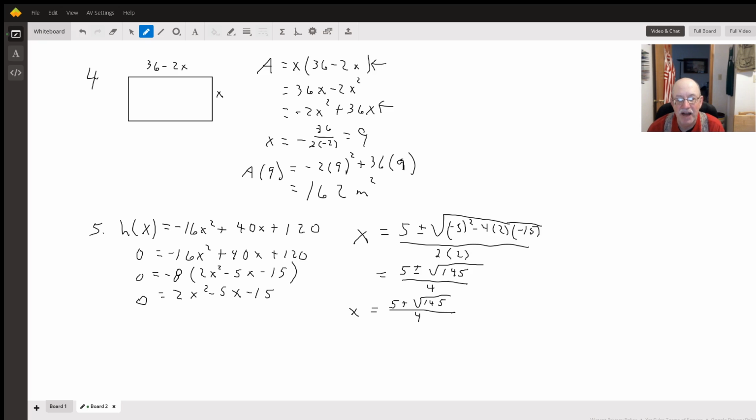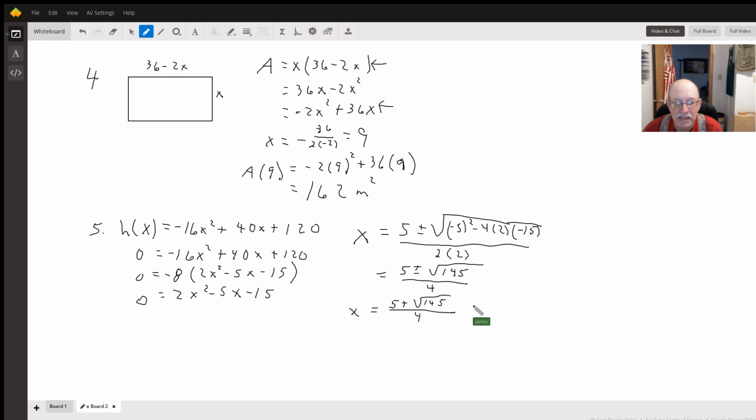That gives us 5 plus or minus the square root of -5 squared minus 4 times 2 times -15, which is 5 plus or minus the square root of 145 over 4. We only want the positive value, so the answer would be 5 plus the square root of 145 over 4. I assume that's the form they want the answer.